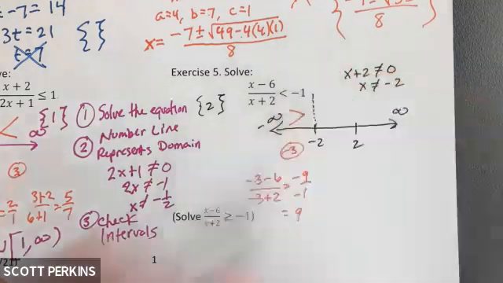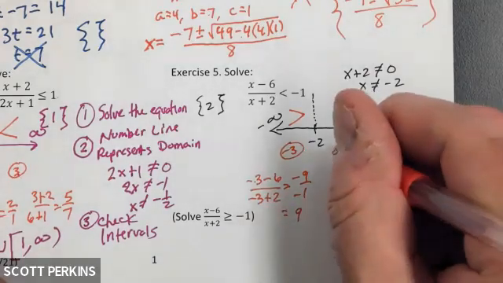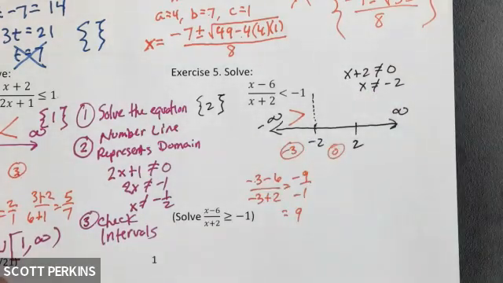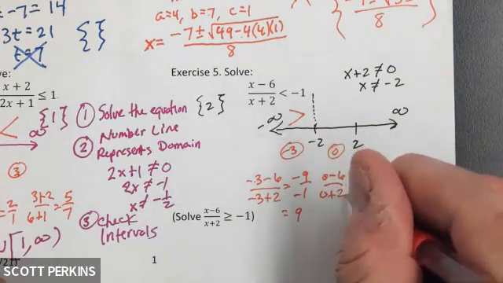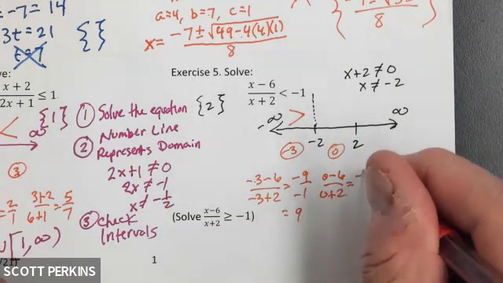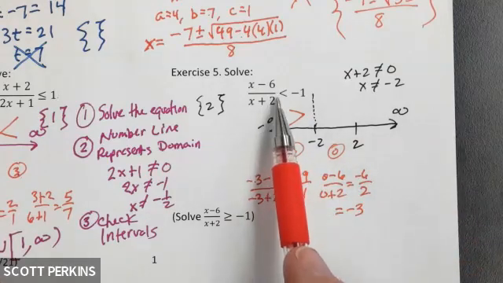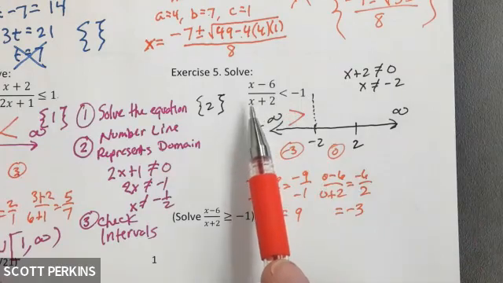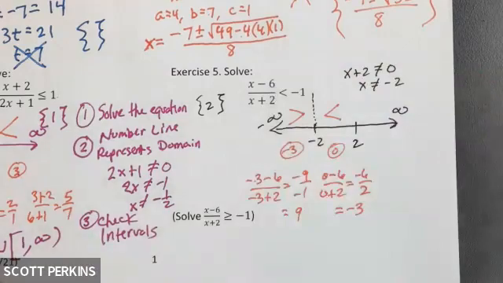Okay, bigger than -1. So we're going to put a greater than there. In between the two, I have 0. So 0 minus 6 in the top, 0 plus 2 in the bottom. That becomes -6 over 2, which is -3. Is -3 bigger than -1 or is -3 less than -1? It's less than, smaller, great.